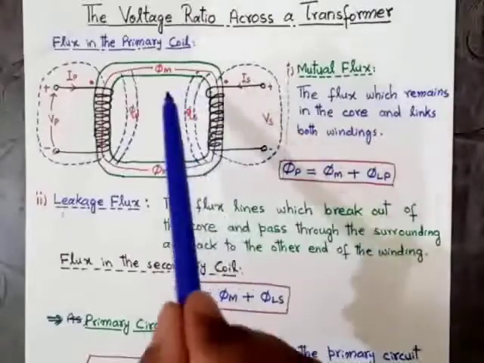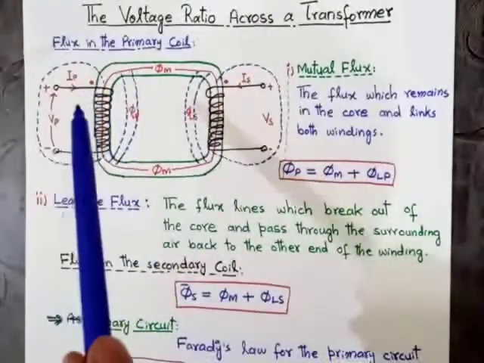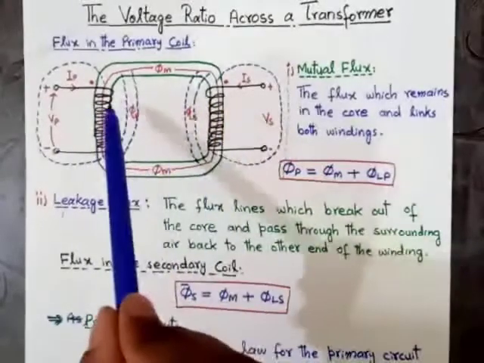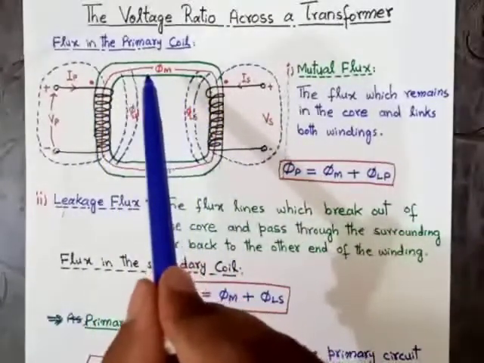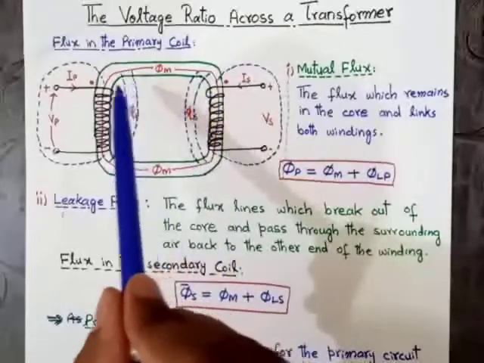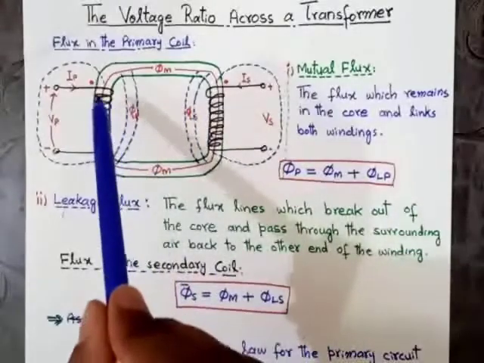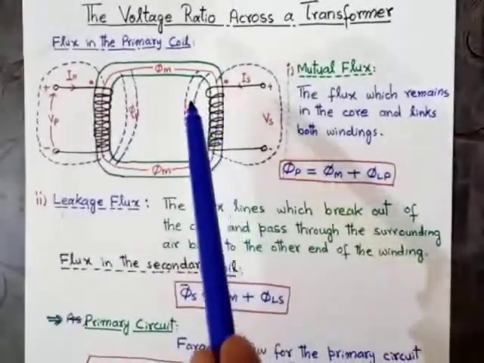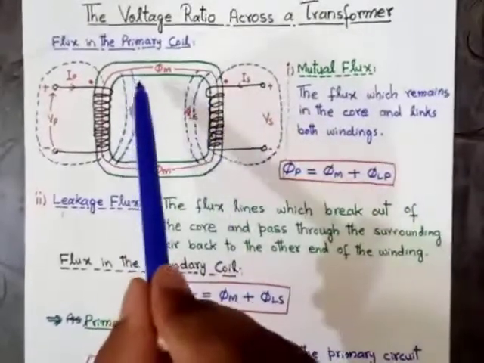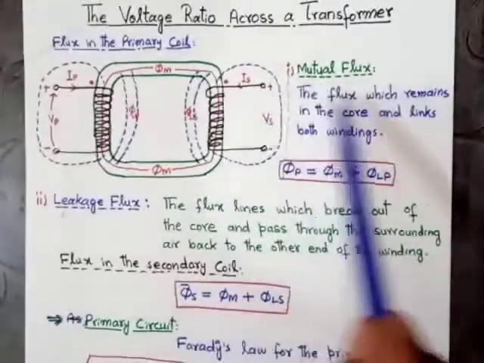As you can see in this figure, the flux M basically remains in the core and links both the windings through the core, meaning the primary winding and the secondary winding. The flux which remains in the core and links both the windings is called the mutual flux.